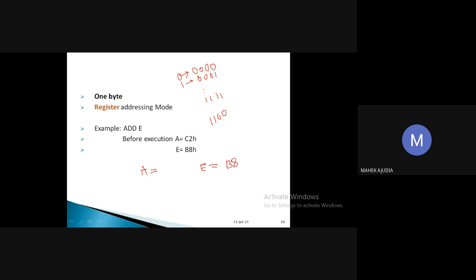Correct, C equivalent binary is 1100. What is 2? 0010. Yes or no?